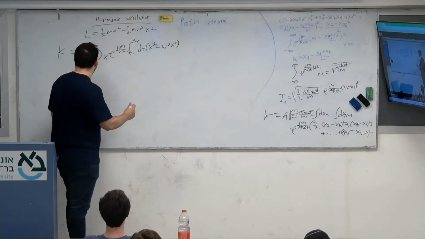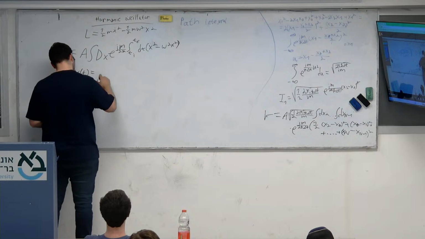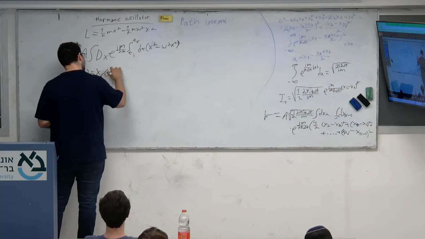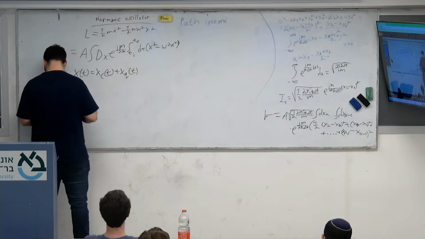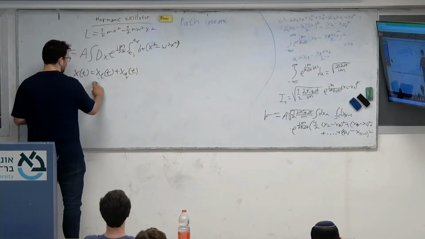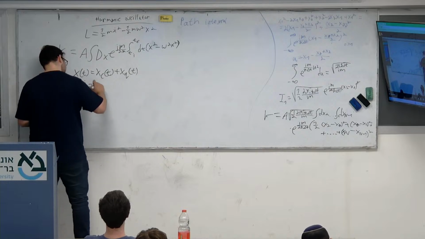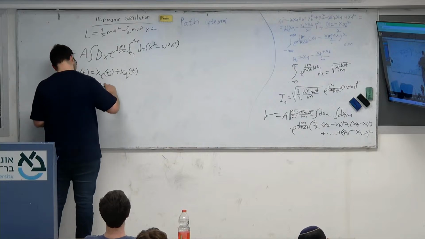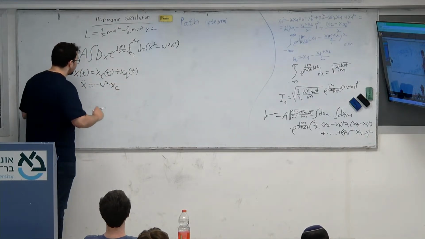So basically I can write that x of t equals xc of t plus xq of t, where xc is the classical solution that is known, which satisfies xc double dot equals minus omega squared xc, right?